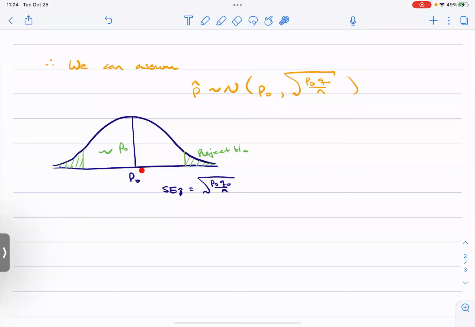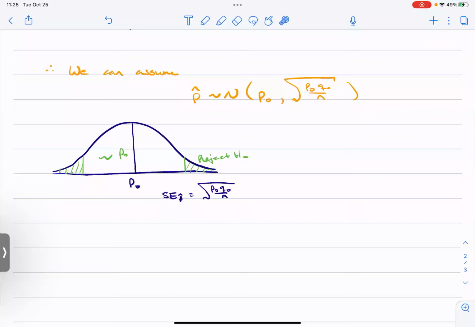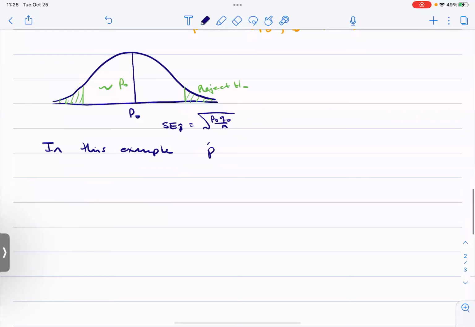Okay. So in this example, what's our p hat? In this example, p hat is generically denoted by x over n, the number of successes over n.